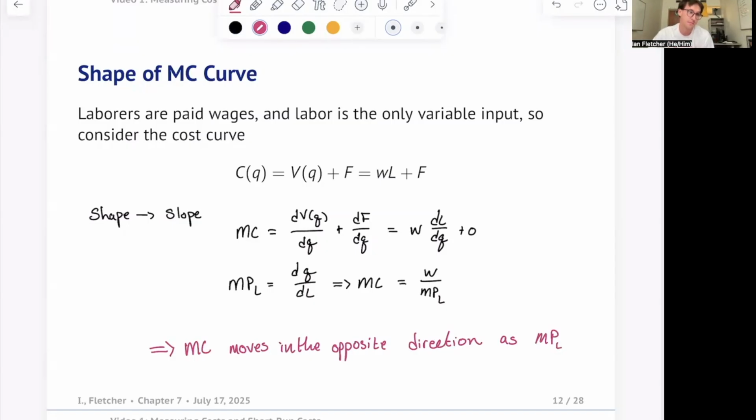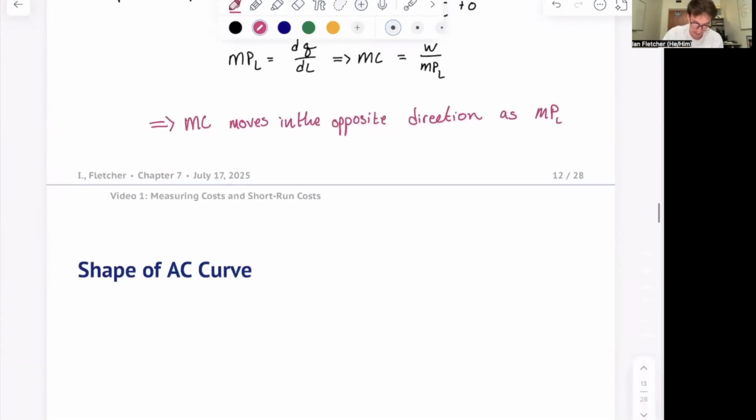Now let's think about the shape of the average total cost curve.